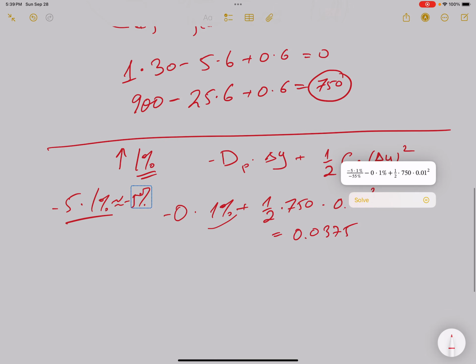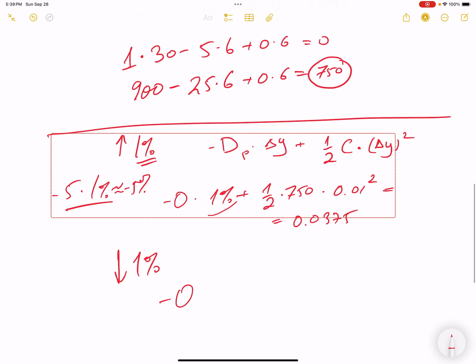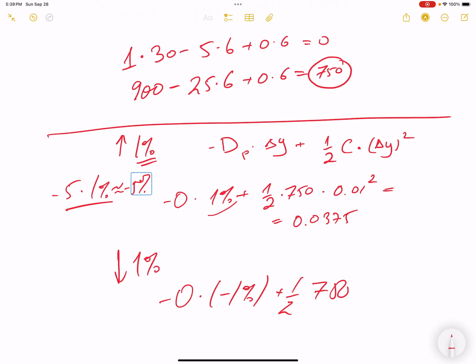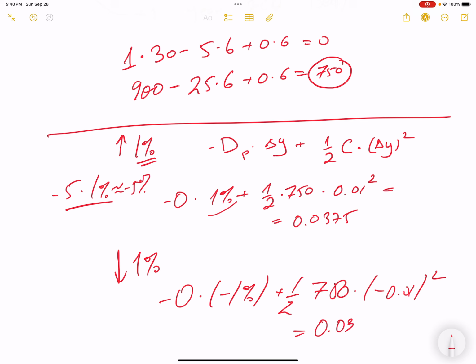Now, if it goes down by 1%, right, you will get the same thing. It's going to be minus 0 times minus 1% plus half times 750 times minus 0.01 squared, right? So this is going to be, once again, 0.0375.